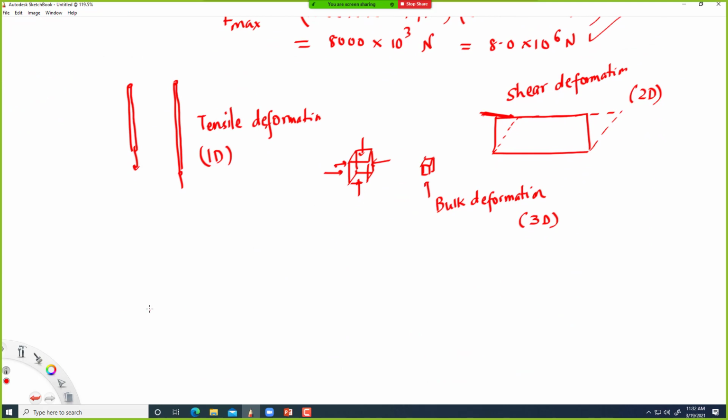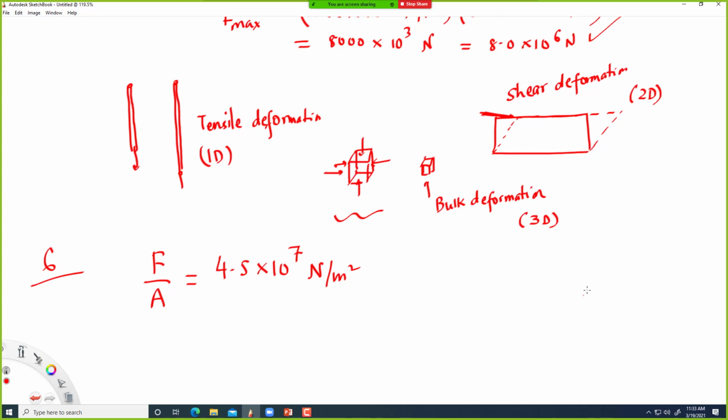So question number 6 is about this bulk deformation. You are exerting force over some area, 4.5 times 10 to the 7 Newton per meter squared. If you apply that much force on all sides of a 3-dimensional object, what would be the fractional change in volume?